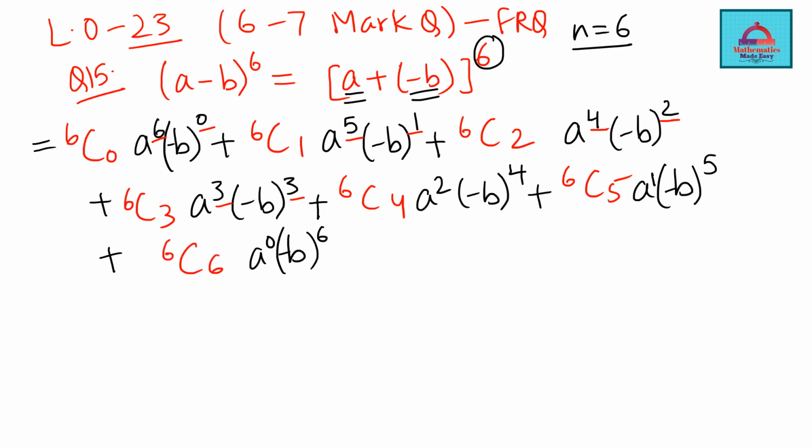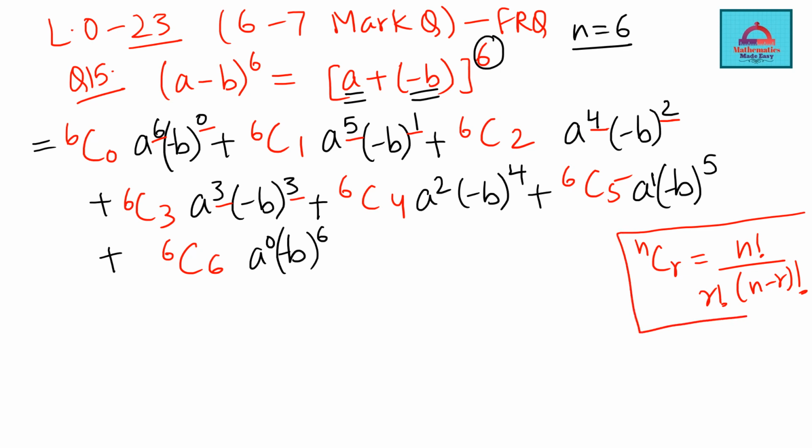Now we will use the combination formula. As you saw in the last slide, the combination formula nCr is given by n factorial over r factorial times (n minus r) factorial. Again, I would like to remind you, I'm doing this question without a calculator. However, you can use a calculator for getting your binomial coefficients.